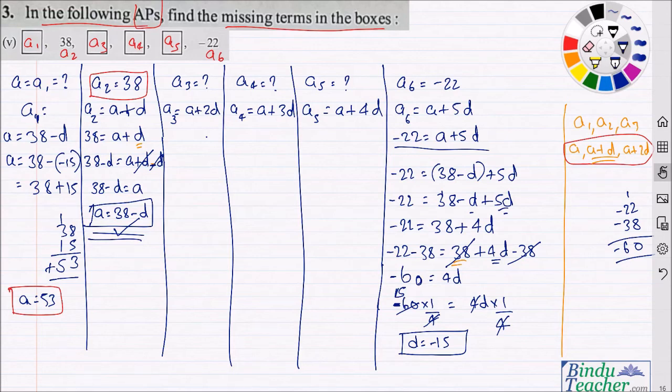The third equation is a3 equals a plus 2d. We just now found the value of a to be 53. 53 plus 2 into the value of d, which is minus 15. Let me erase this line so it's easier.